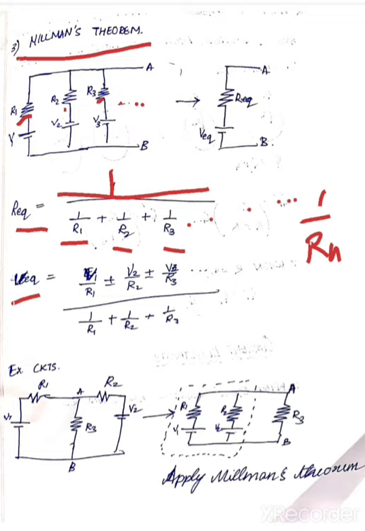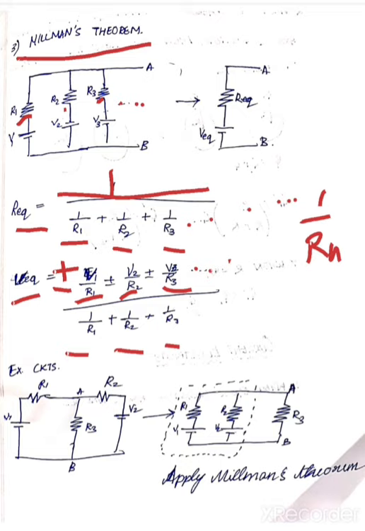Then V equivalent is given by V1 by R1, plus or minus V2 by R2, plus or minus V3 by R3, and so on. Here also n number of voltage sources can be connected, divided by 1 by R1 plus 1 by R2 plus 1 by R3.